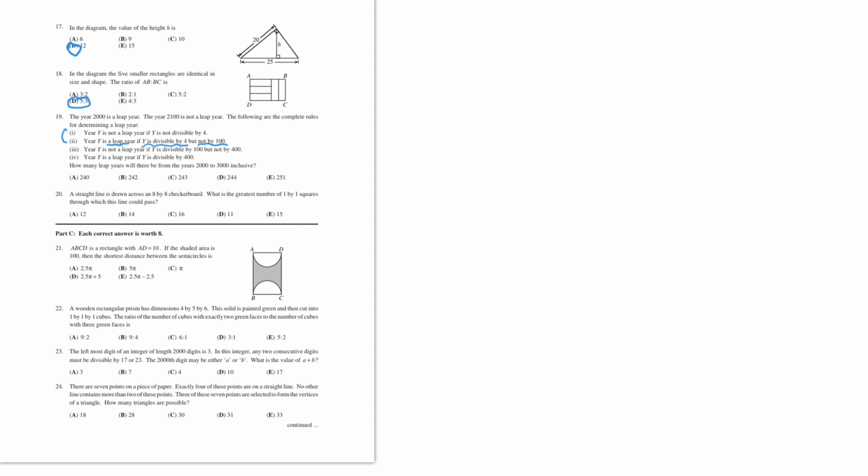Divisible by 4 rule: the last two digits are divisible by 4 or the last two digits are 00. So 2000 and 3000 are both divisible by 4. So we use the number of terms formula for an arithmetic sequence: last number minus first number, divided by the common difference, plus 1.